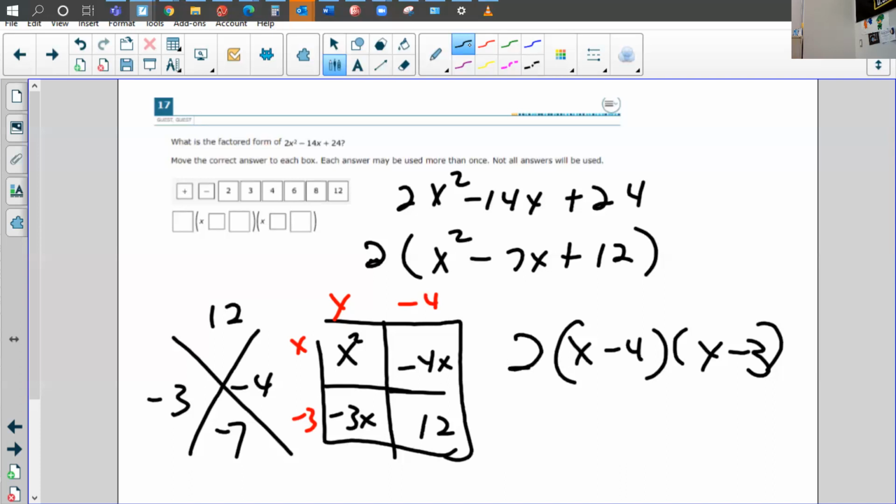And so for my answer, I'm going to put a 2 here, and then x minus 3 and x minus 4. That's it.